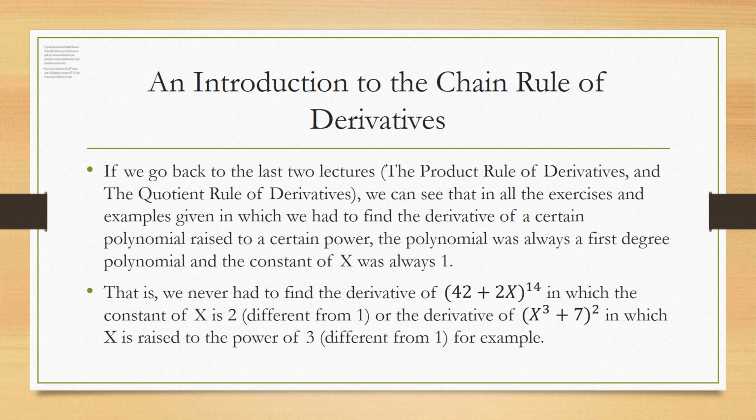That is, we never had to find the derivative of 42 plus 2x to the power 14, in which the constant of x is 2, which is different from 1, or even the derivative of x cubed plus 7, all of it squared, in which x is raised to the power of 3, which is different from 1, for example.